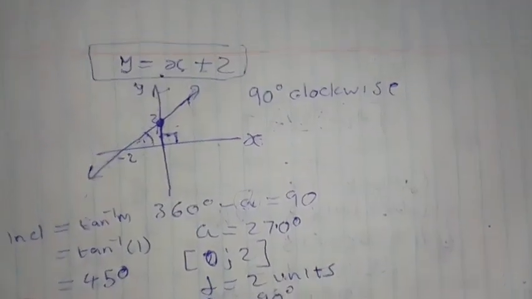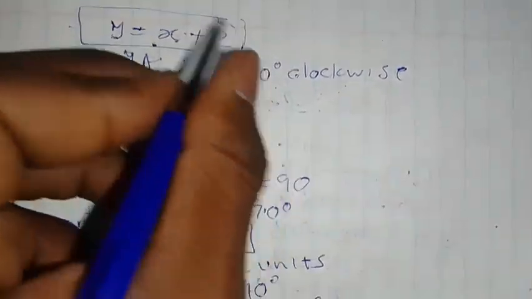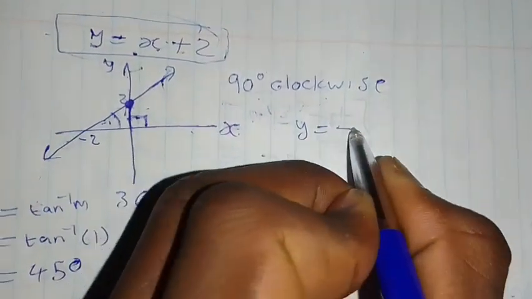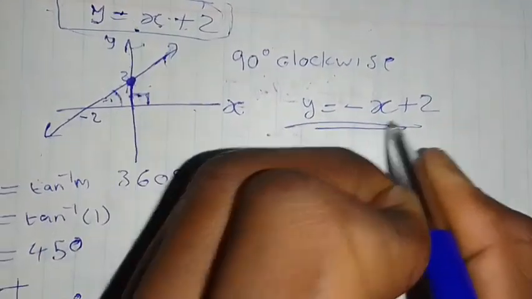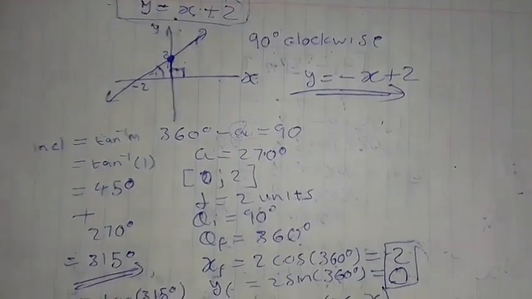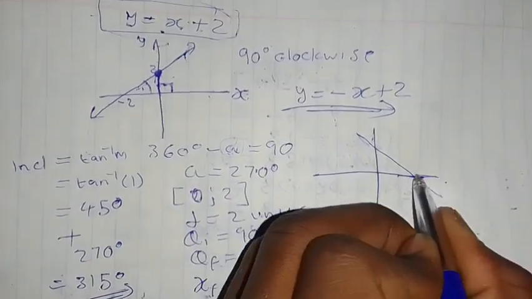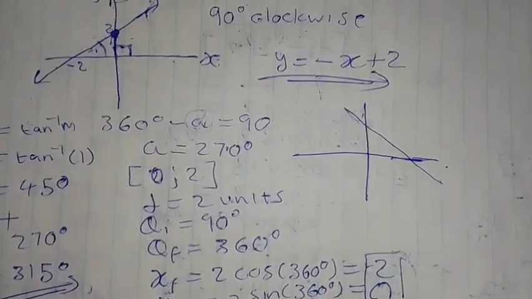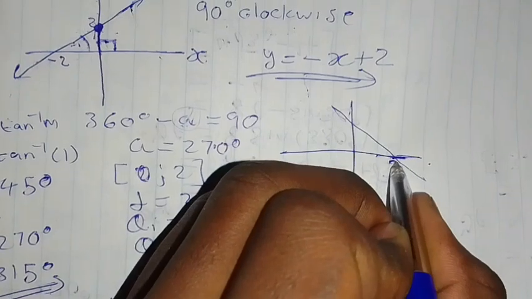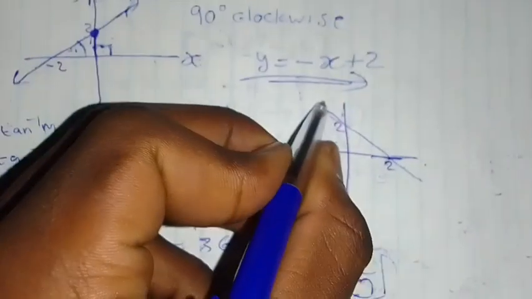So if you rotate this function 90 degrees clockwise, the new function will be defined by y equals minus x plus 2, which makes sense because if you draw the new graph, it's going to look something like this, with intercepts at 2 and 2 respectively, like this.